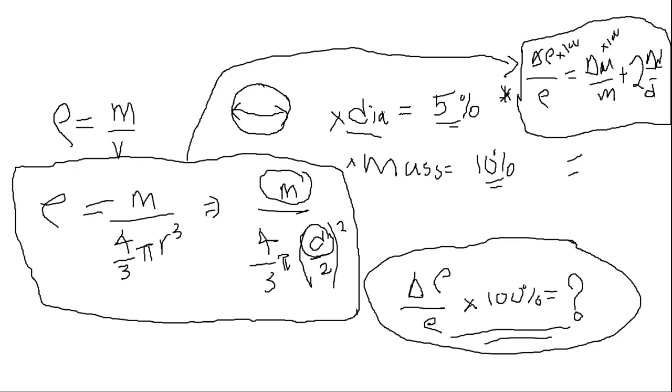17.5%. Is it? Mass, what is the percentage? 10%. So 10 plus 2. Percentage for the diameter is how much? 5%. So 2 times 5. So finally, how much? 20%.